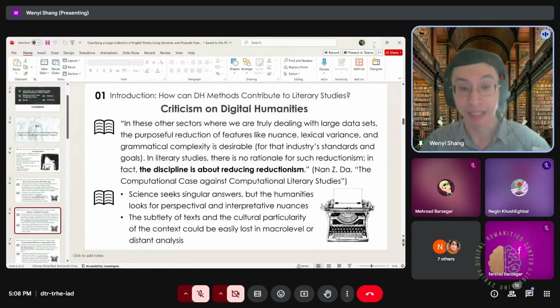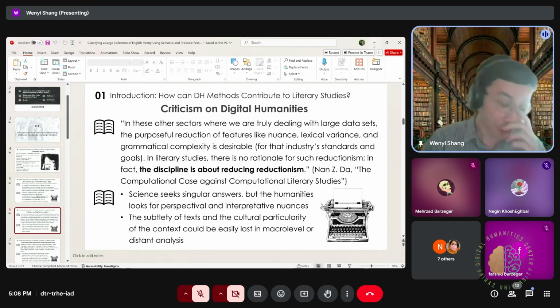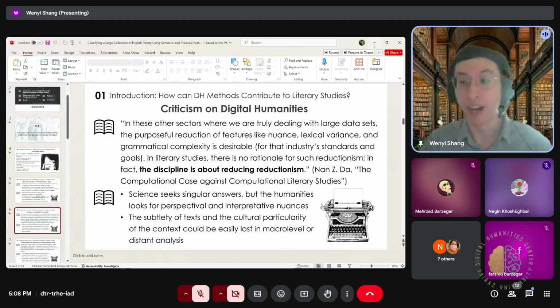And the subtlety of the text and the cultural particularity of the context could be easily lost in macro level or distant analysis. So in our metaphor, while the new streetlight could light more spaces, the nuances and interpreting nuances that matter will be lost in such a process. So we may not use digital humanities.